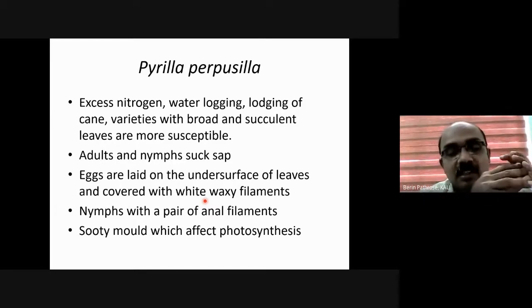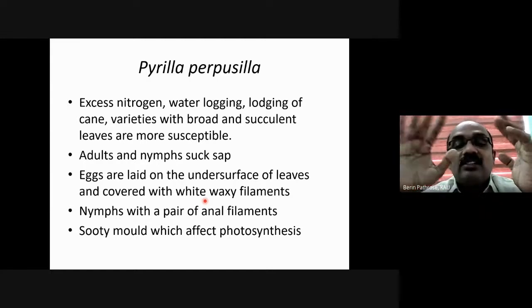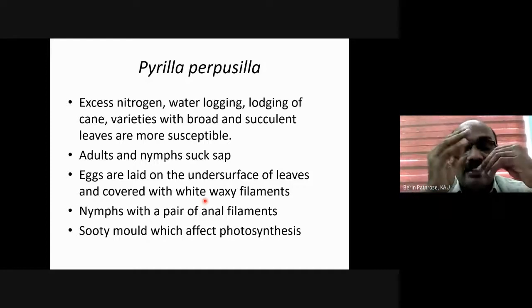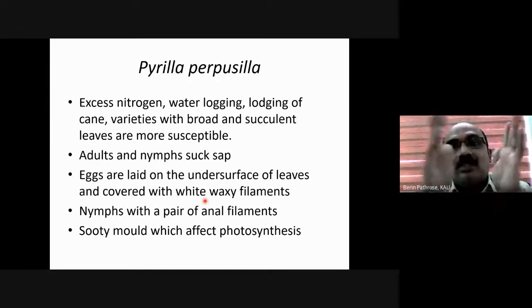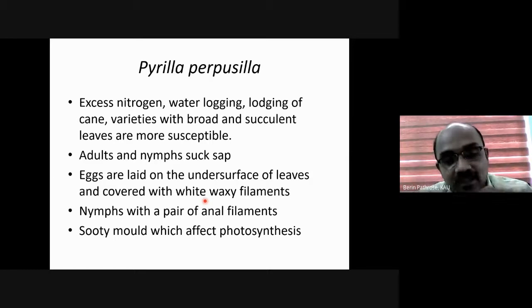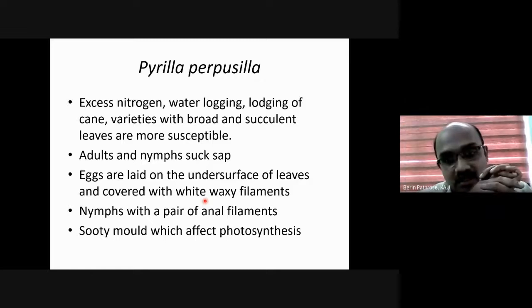As you all know, this is a sucking pest. Nymphs and adults suck sap from the leaves, and the eggs are laid on the undersurface of the leaves, and they will be covered with white waxy filament. I will show that picture later. The eggs are laid on the undersurface of the leaf, and the eggs will be covered with a white waxy filament. I told you it has a pair of anal filaments, and as it is a sucking pest, it will excrete honeydew, and the leaf surface will have sooty mold growth, leading to reduced photosynthesis.